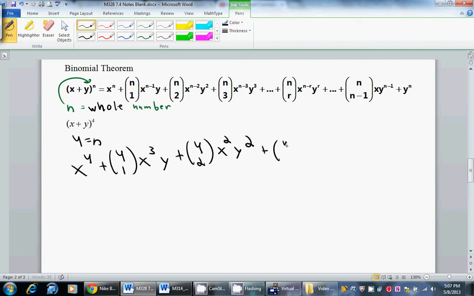The next term, binomial coefficient of 4 and 3, x to the 1st, y cubed, plus, and this was my second to last term, the binomial coefficient of n and n minus 1, which is 4 and 3. So my last term is just y to the n, which is y to the 4th.